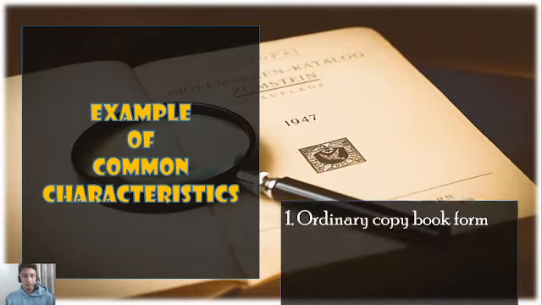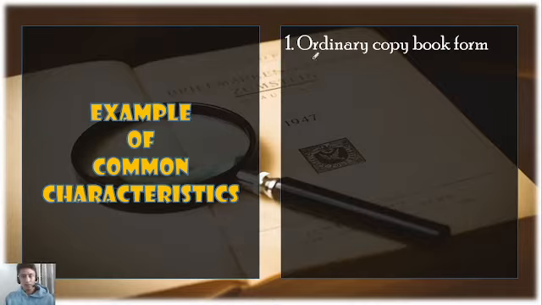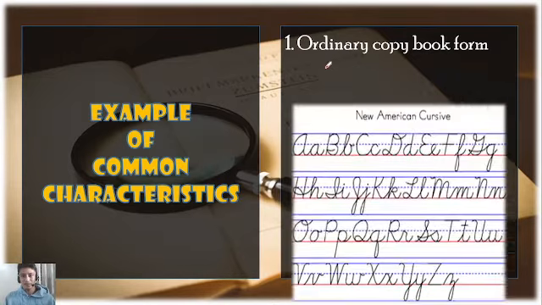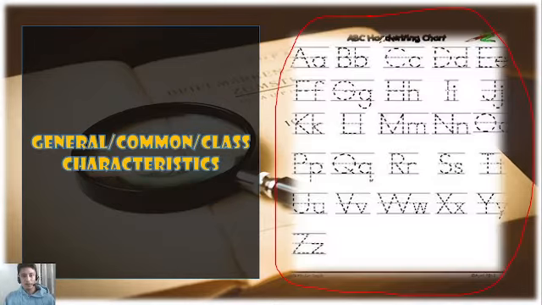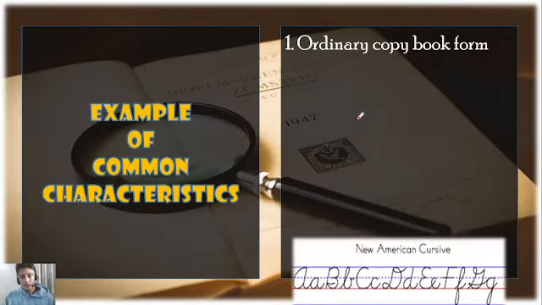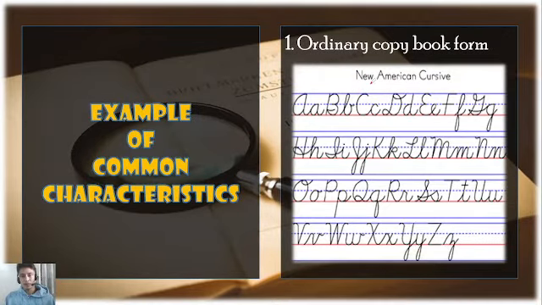And another one, let's try to have here some of the things that we could consider to show more about common characteristics. So, we have here the ordinary copybook form. Again, mention ko kanina, yung kung ito ay for printing or script writing, ito naman ay for cursive or a copybook form or a standard guide for writing in cursive.